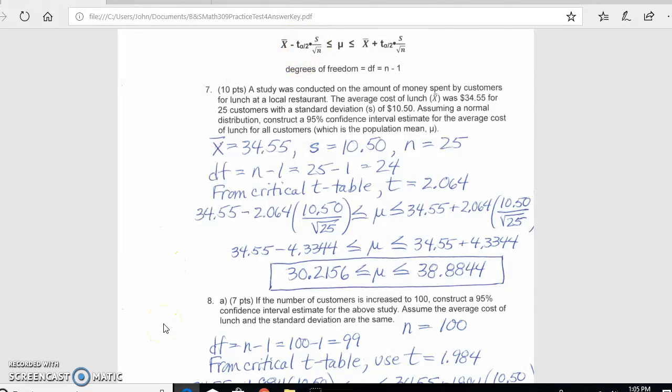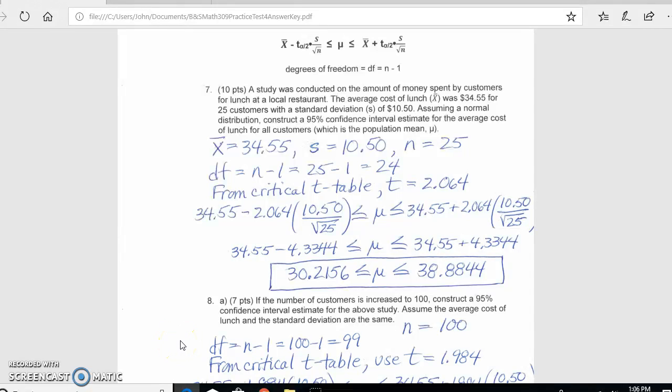So to use the t-distribution table, we first calculate the number of degrees of freedom, which is n minus 1. In this case, it would be 100 minus 1, which would be 99. And then we would go to the critical t table, or the t-distribution table, and go down the column for degrees of freedom.